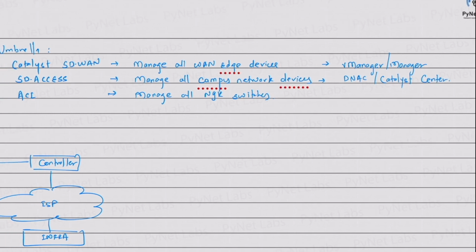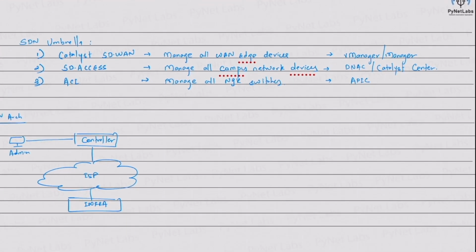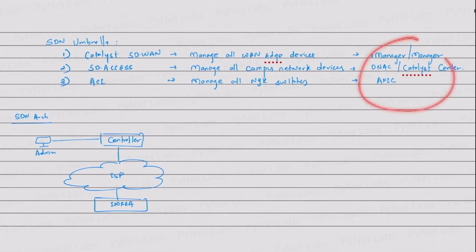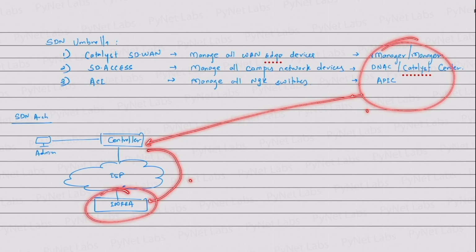And in ACI, you get APIC, the Application Policy Infrastructure Controller. These controllers sit here depending on the solution you're using, and then you can manage your infrastructure devices.